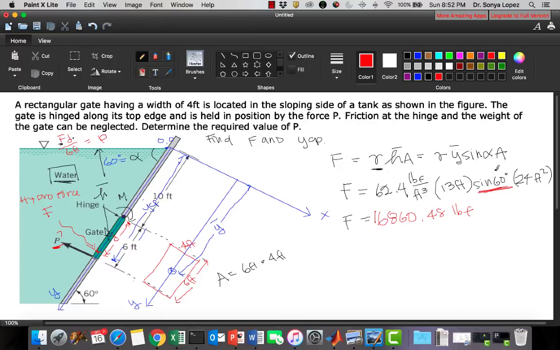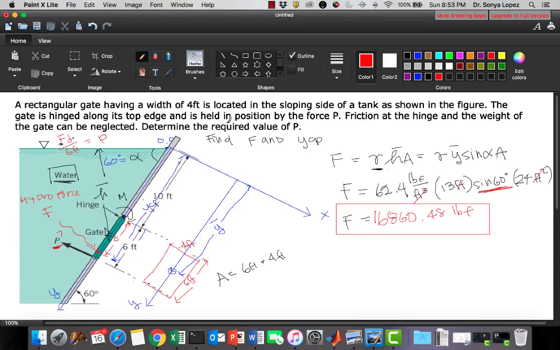So let's check our units here. We have feet cubed in the denominator, and then we have feet cubed here in the numerator, so then we end up with pound force. So this is going to be our answer for the hydrostatic force.